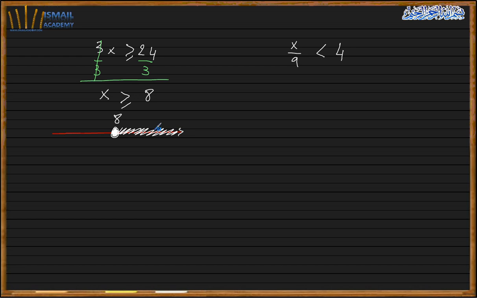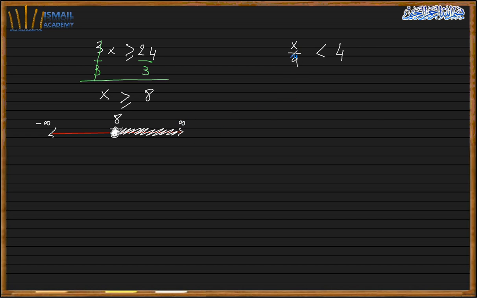Some students do that: they see x on the left, so they shade the left. If x is on the right, they shade the right. No, x is greater than 8. Where is greater? On the right, then I will shade the right. If I have x is less than 8, then the left side is where I will do my shading.